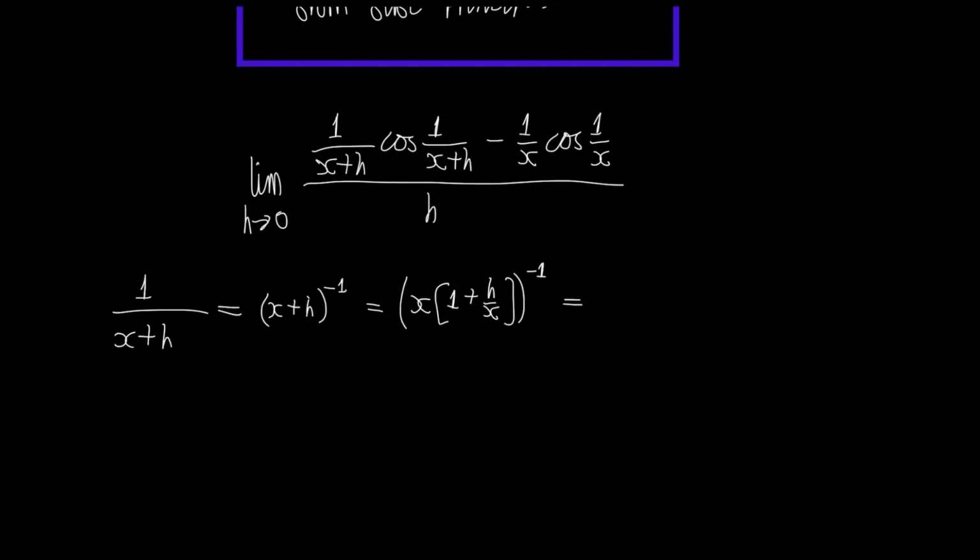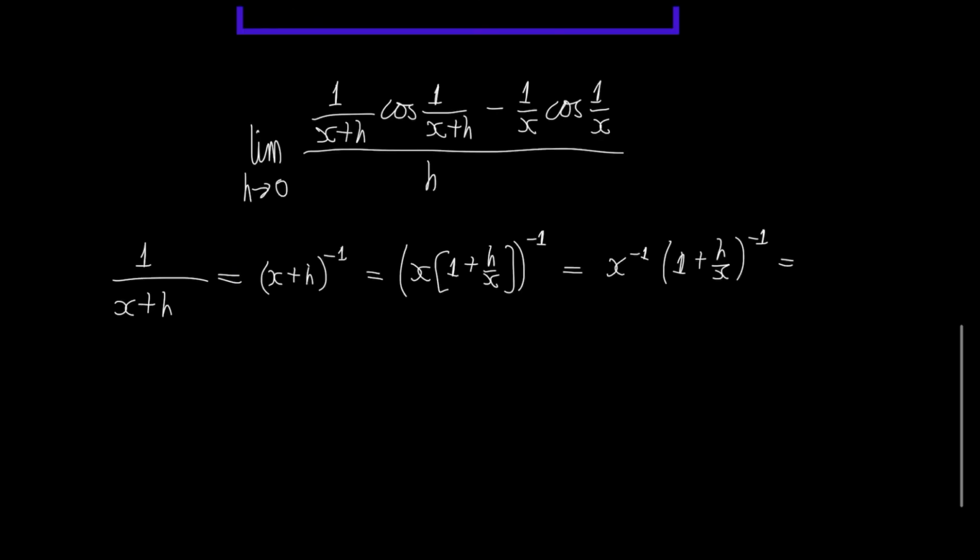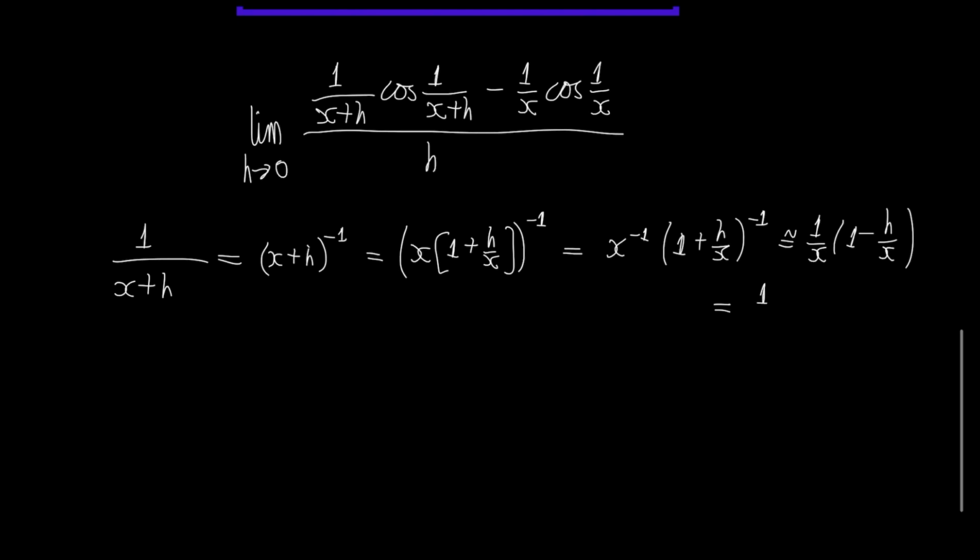Then we can use an index rule to distribute the power. And then we can simply apply this formula here to get an approximate formula that will be more useful for taking the limit. So for convenience we're just going to expand this as 1 over x minus h over x squared. So this is what we're going to plug into the formula above.